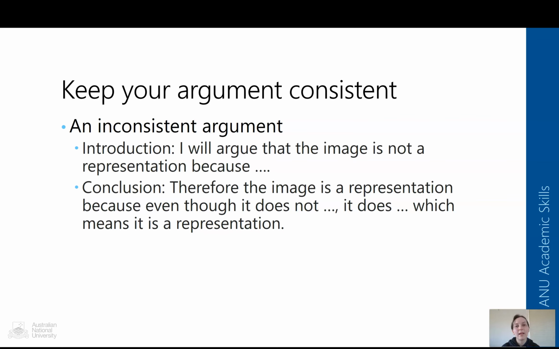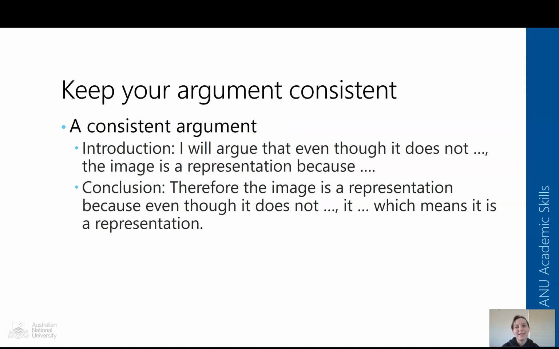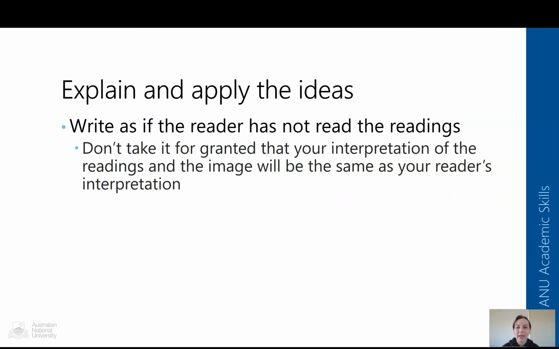Go back through and think about, is my argument the same all the way through? And avoid fence sitting. So if you want to make a bit of a complicated argument or an argument that has a couple of main points in it, make that consistent. Tell the reader what your whole argument is in your introduction as well as in your conclusion. So make it very, very clear from your introduction what your answer to the question is.